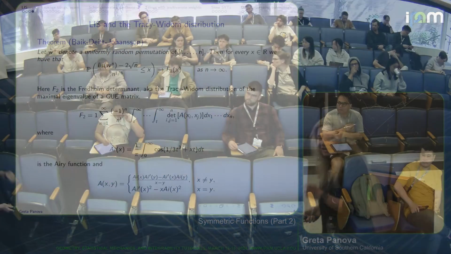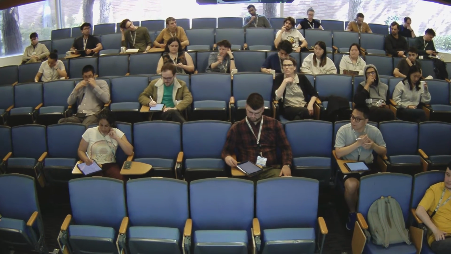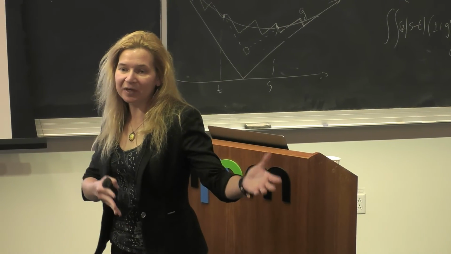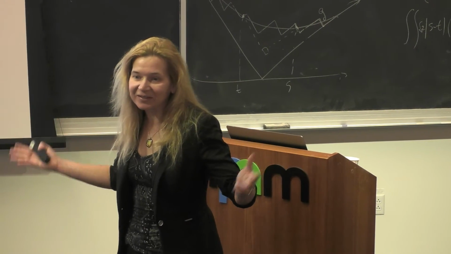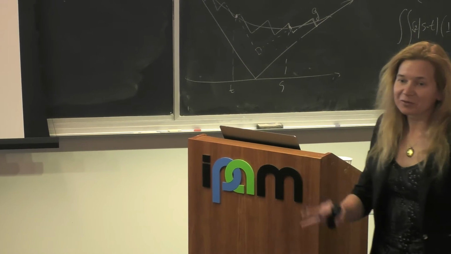Yeah? Compared to what we saw on Monday, is the difference that here we're picking a random permutation? Yeah, exactly. The measure is different. It's the Plancherel measure. So you pick a partition with weight proportional to f lambda squared. Otherwise, we pick a partition with weight 1, a uniformly random partition, and the whole thing changes completely.